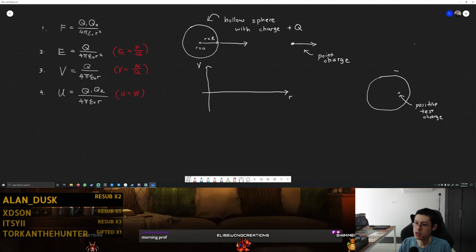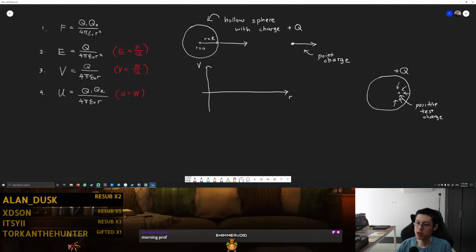If you put a positive test charge in here, and the charge on the surface is also positive, it's going to experience a repulsive force due to the positive charges on the surface. Because this test charge is closer to this surface over here, it would experience a greater force.